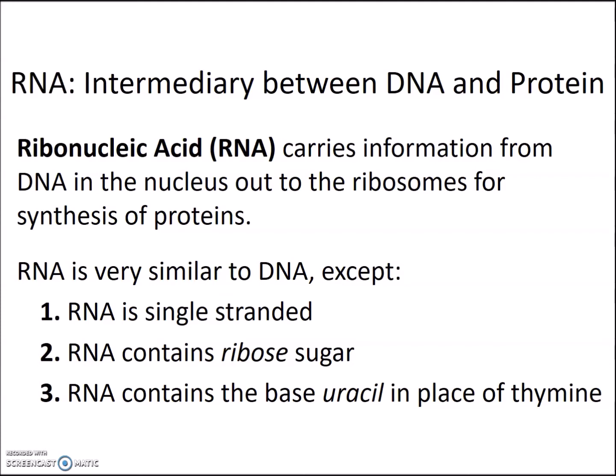In RNA, there's no thymine. Instead, there's a base that's closely related structurally called uracil. Uracil takes the place of thymine as a nitrogen-containing base in RNA.